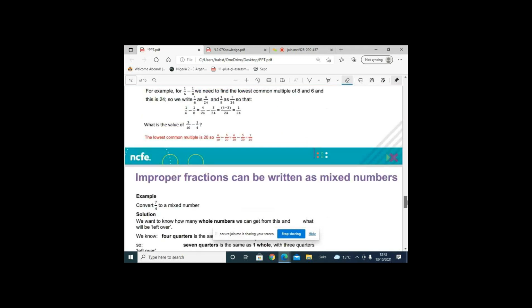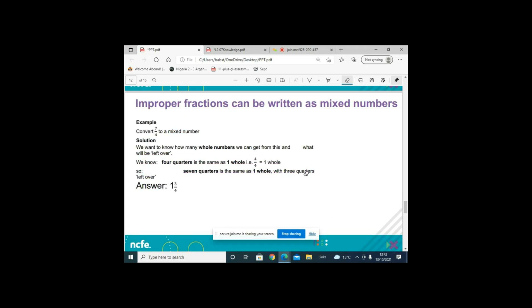Okay, so let's now go to improper fractions. These are improper fractions because the numerator is bigger than the denominator. So to convert this, you have 7 over 4.